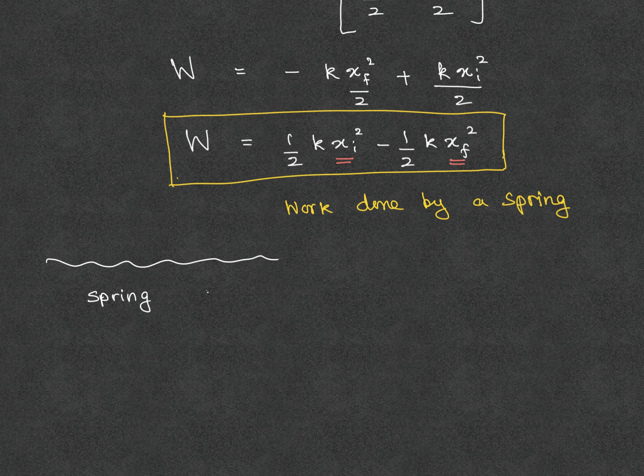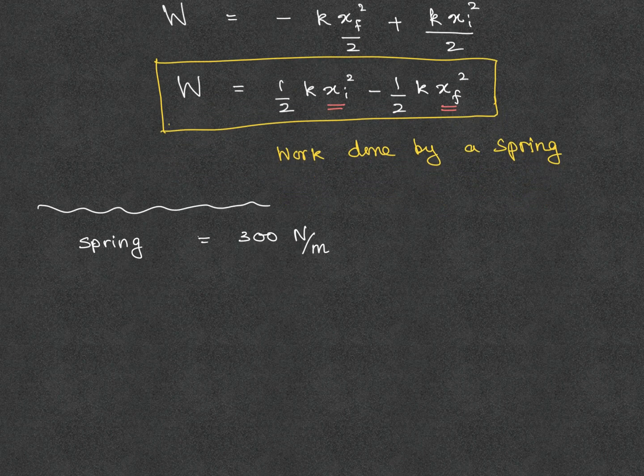So we can do a little example where we have a spring with a spring constant 300 N/m, and the spring constant is k. So k equals 300 N/m. N/m is Newton per meter, and that is the unit in this case.